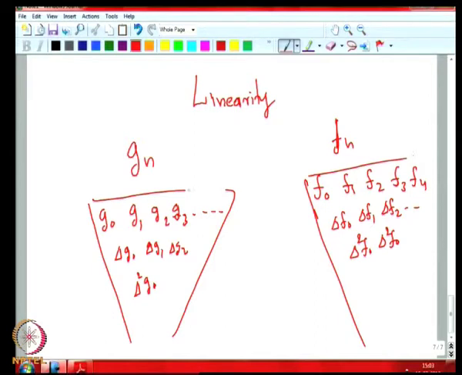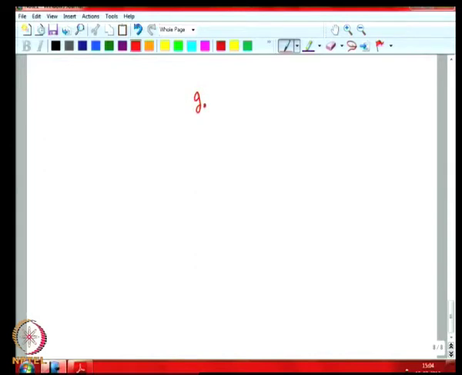Now, what about adding Gn and Fn together? That means every term here, G0, will become F0 plus G0. If you add Gn plus Fn, what we get is G0 plus F0, G1 plus F1, G2 plus F2 and so on. This will be the new sequence.